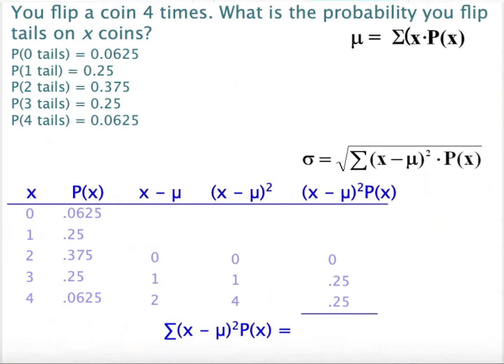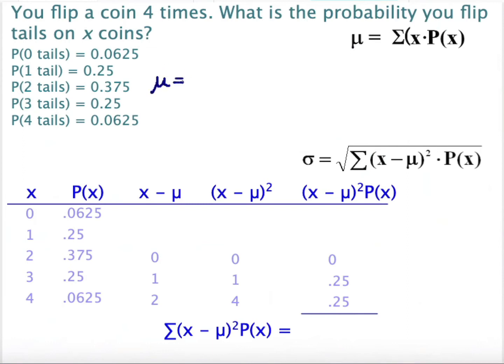What we're going to find is the expected value. And if you think about it, you can probably guess this already. If you flipped a coin 4 times, how many times would you expect to get tails? Well, we're going to do the math. We're going to do the formula to calculate mu.